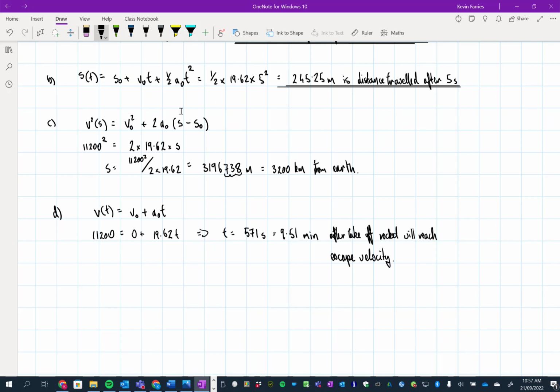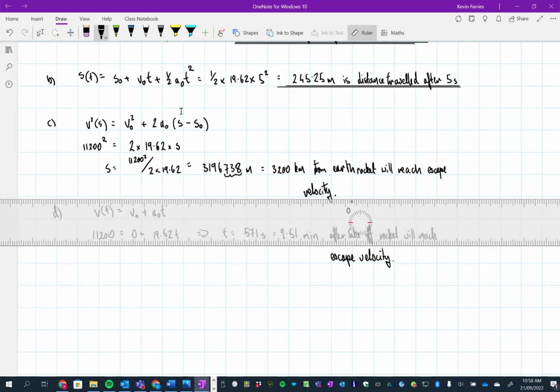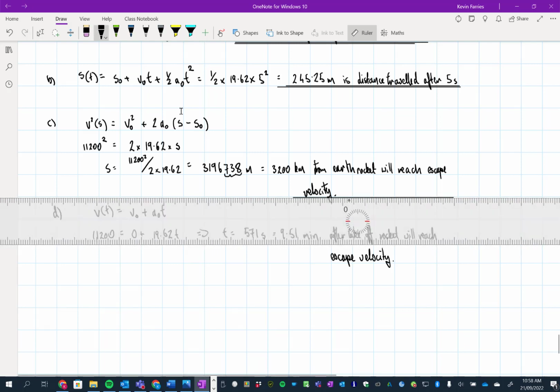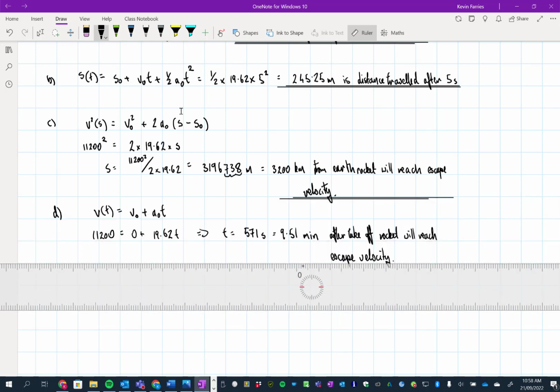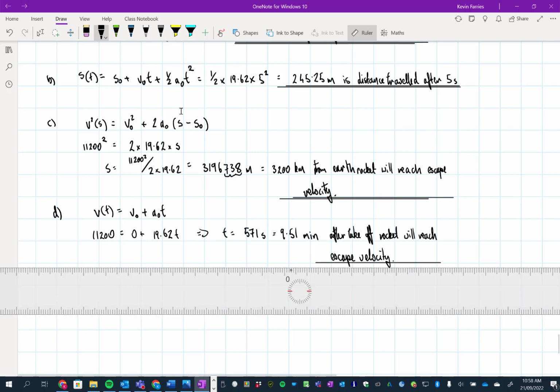And same here, 3,200 kilometers from Earth, the rocket will reach escape velocity. Just underline those.